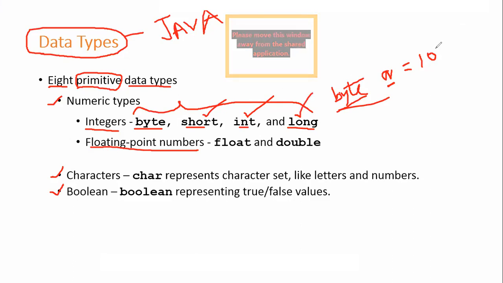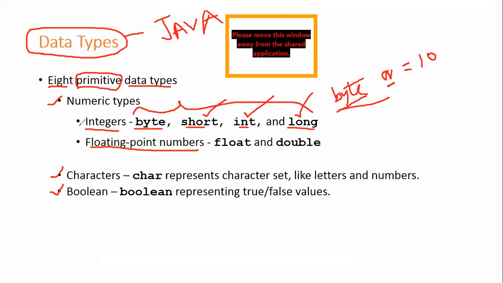All these things we'll discuss in the upcoming slides: when to pick byte, short, int, and long. Right now, whenever you want an integer type, you need to pick either byte, short, int, or long, right?